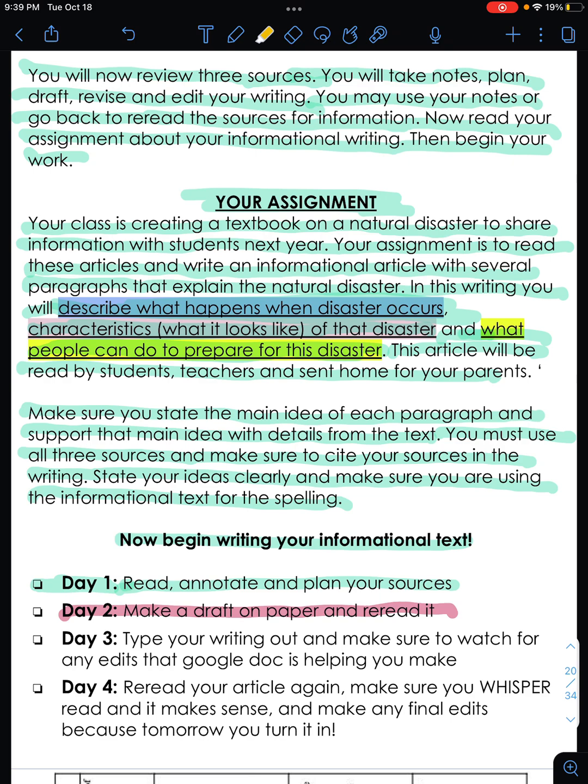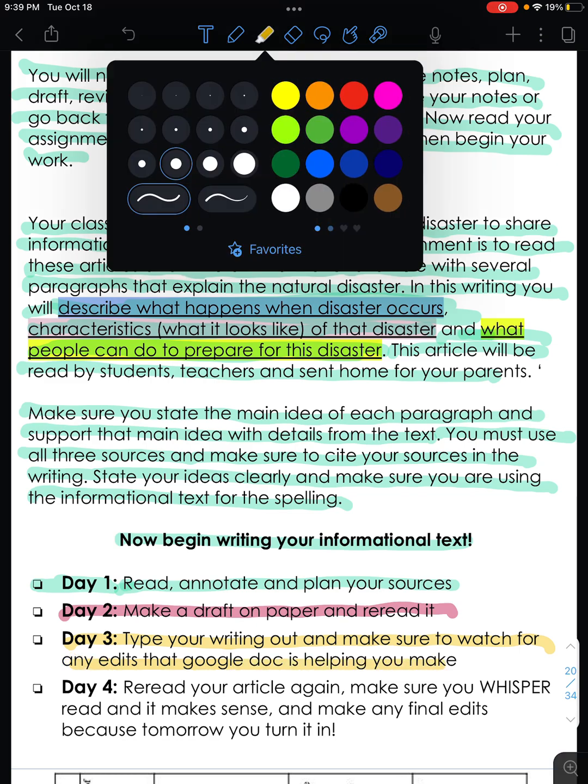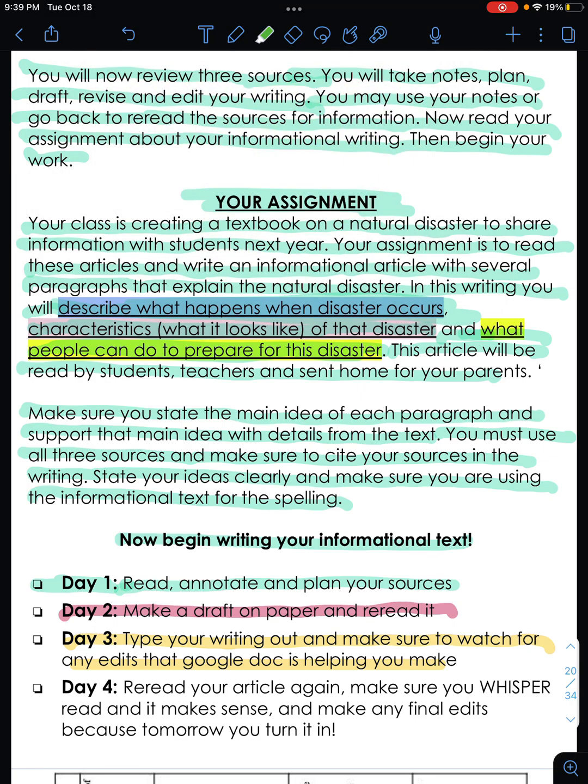Day 3, type your writing out and make sure to watch for any edits that Google Docs is helping you make, since you're going to put this on a Google Doc. Okay, and then the last one, day 4, reread your article again. Make sure you whisper read and make sense and make any edits, because tomorrow you will turn it in.